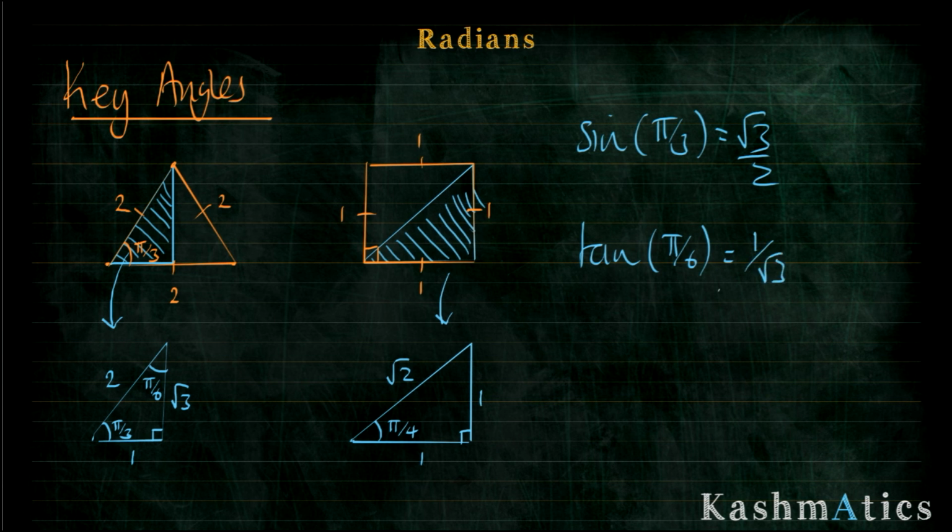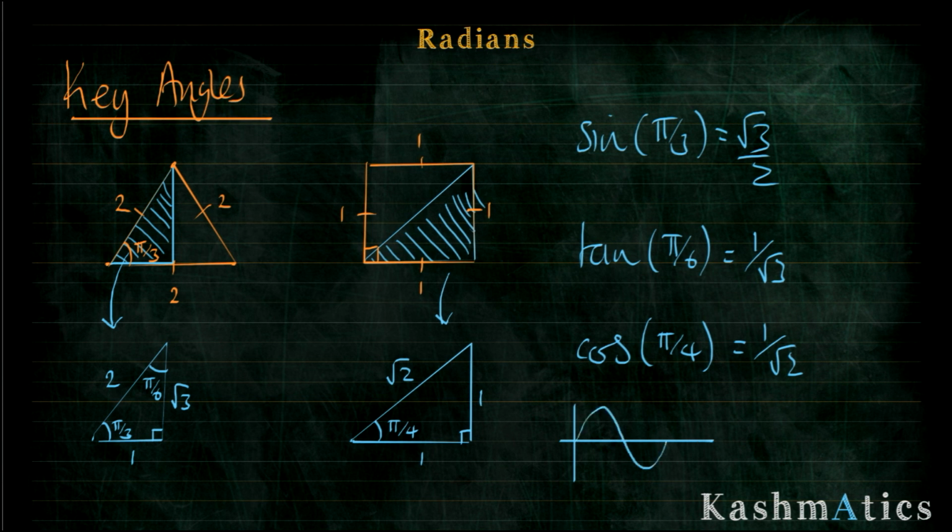And you can rationalize that if you want. Or you might want to work out the cosine of pi over 4. The cosine of pi over 4 would be the adjacent divided by the hypotenuse, which would be 1 over root 2. So these triangles are actually invaluable.